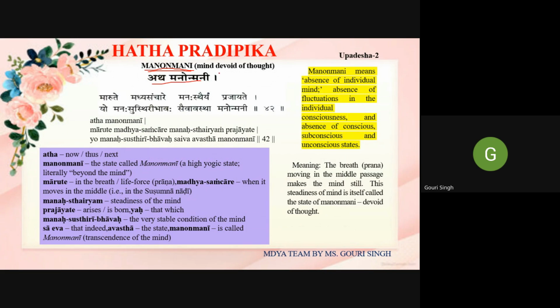That means it is above all types of mind: the absence of individual mind, the absence of any fluctuation in individual consciousness, and the absence of the conscious, subconscious and unconscious states. Indirectly, he is talking about the Susumna reaching the Sahasrara chakra. By piercing all the chakras, he is able to reach the Sahasrara chakra, so that person gets the Manomani state.